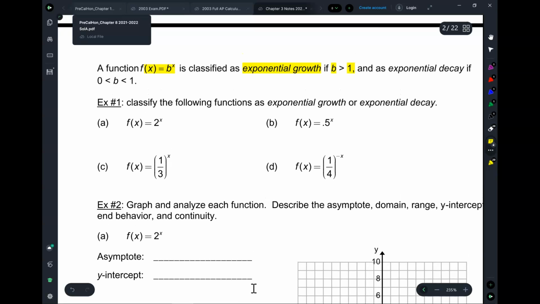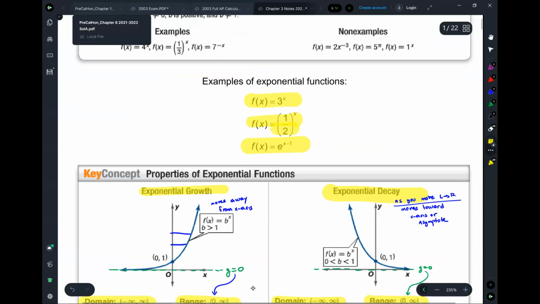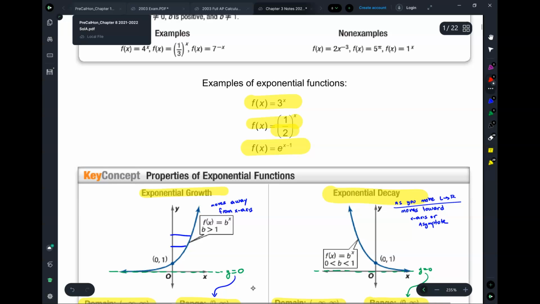It's the number raised to the exponent. It's exponential decay if that number b is between 0 and 1. So, to do this, you first have to identify the variable exponent. Then you ask yourself, who does that exponent belong to? The 3, correct? Since that number is bigger than 1, it's growth.